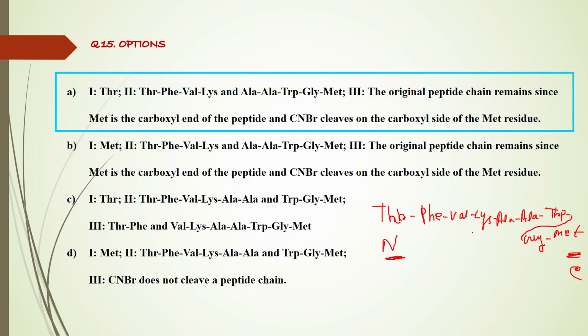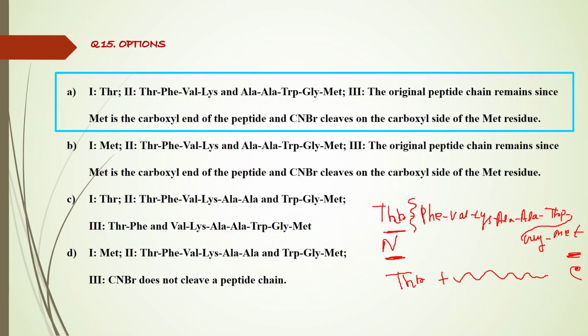I just could not get the whole space. So this is your N terminal and this is your C terminal. In case of Edman degradation, it will cleave off the amino acid that is sitting at the N terminal. So after Edman degradation, in one part you will get threonine and the rest of the peptide will remain intact. Just 1 mole of Edman degradation reagent has been used and 1 threonine has been clipped.